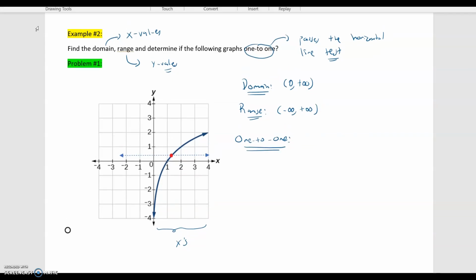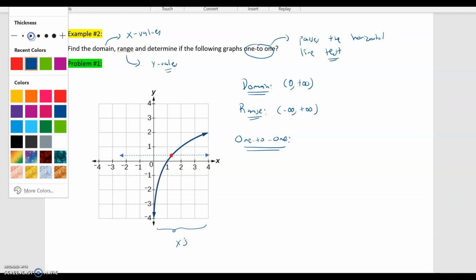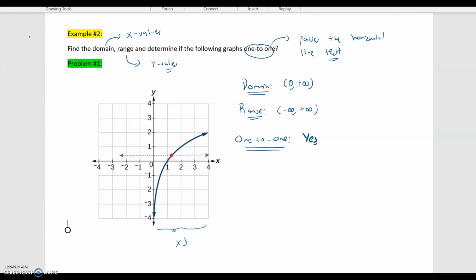So let me just write it out. The function is one-to-one because it passes the horizontal line test.